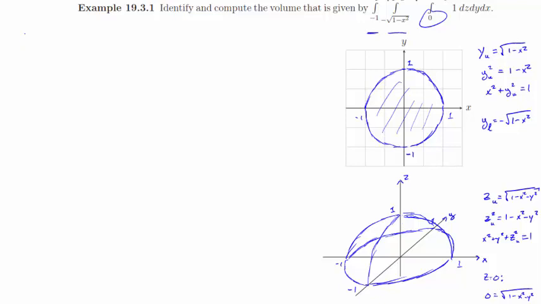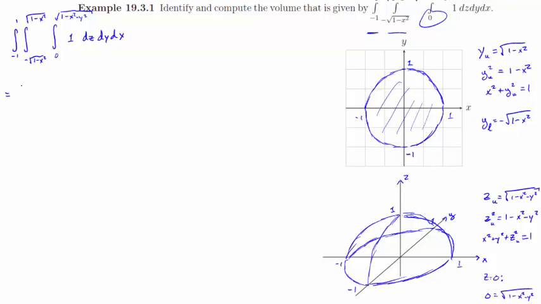So I'm just going to go ahead and copy down the integral real quick. We have from negative 1 to 1 in the x direction, the integral from negative square root of 1 minus x squared to the positive square root of 1 minus x squared, and then the integral from 0 to the square root of 1 minus x squared minus y squared, and then we have 1 of dz, dy, dx.